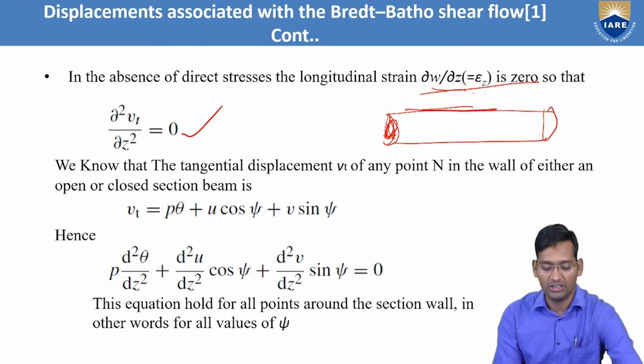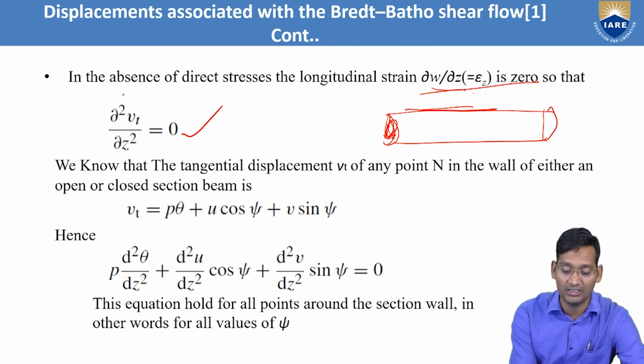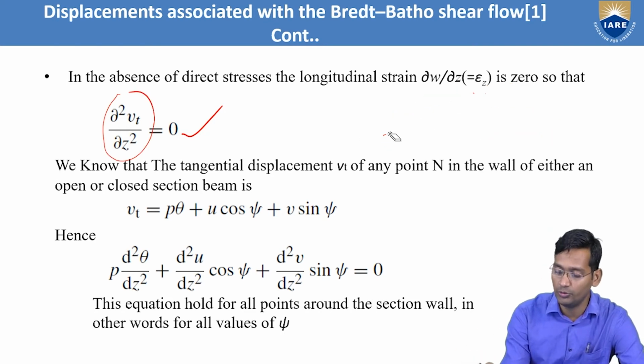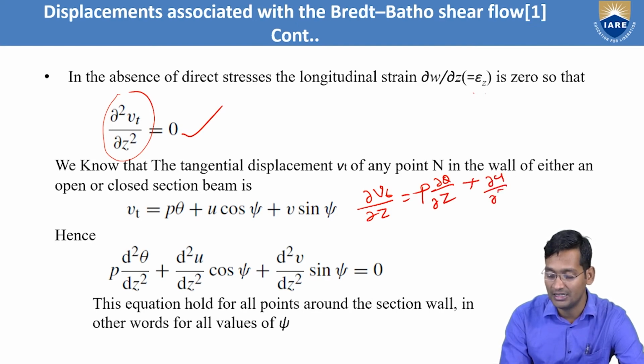Now let's differentiate. We know that del 2 Vt by del Z square is equal to 0. So what will we do here? First integrate this one. After integrating, we get del Vt by del Z equals P del theta by del Z plus del U by del Z cos psi plus del V by del Z sin psi.